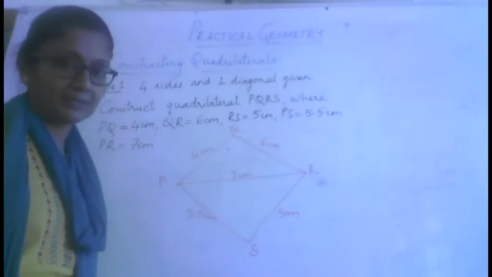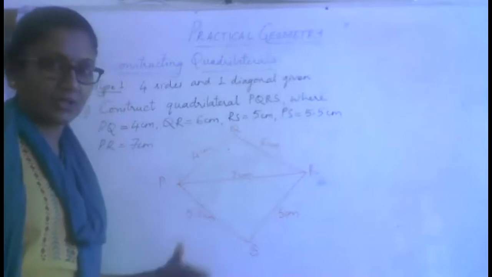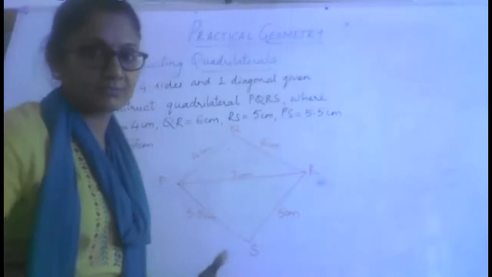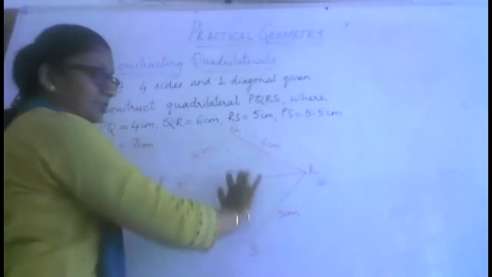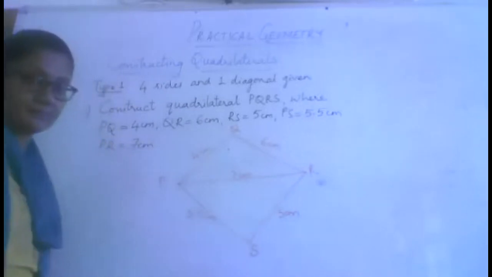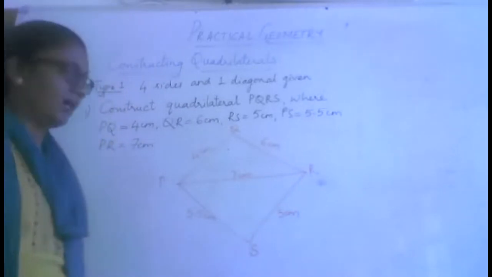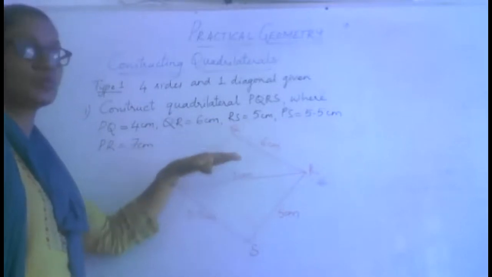Has it been divided or cut? Divided into two triangles. Yes, it has been divided into two triangles. Can you see the triangles? One above PR and one below PR? Yes, ma'am. Okay, so the diagonal is dividing the given quadrilateral into two triangles.